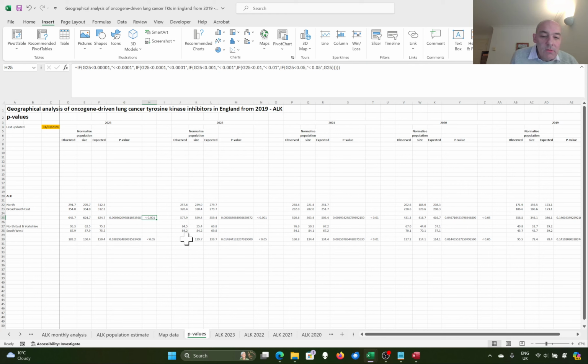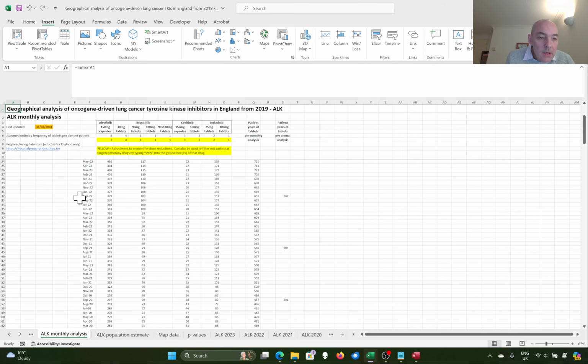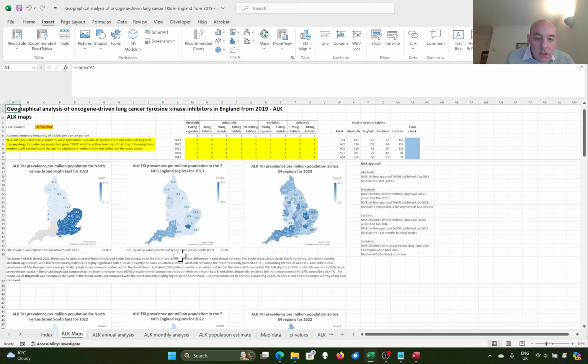If it's above 0.05, then I just say the absolute number, and then it's 0.05, 0.01, 0.001, less than 0.01, and then less than, I think, 0.0001, and then the final one, which I'm not seeing on here, is double chevron, so much less than 0.0001, and I leave it at that. So I don't see that on this one. I do on the EGFR maps and a few others, but that's basically the method that I've used.